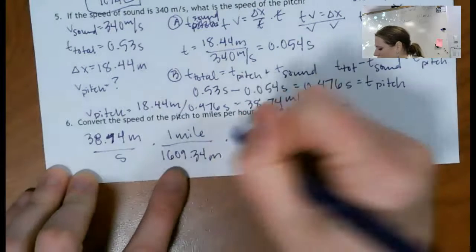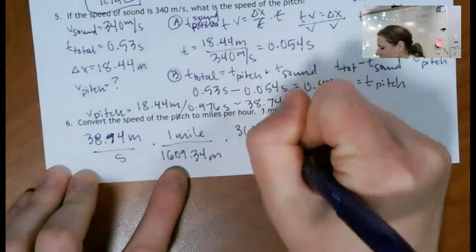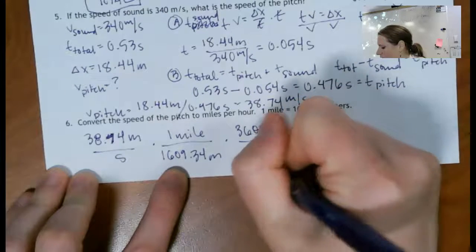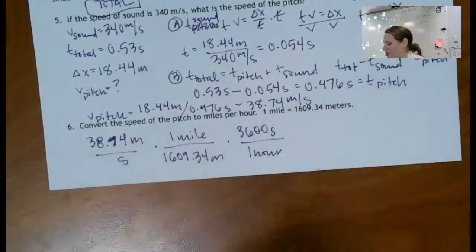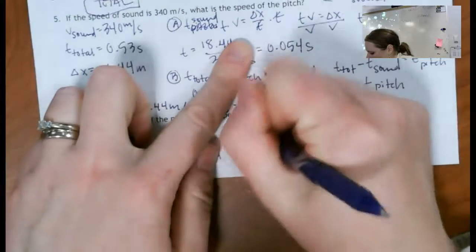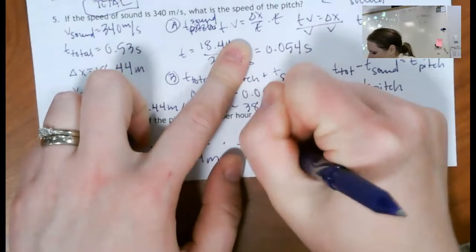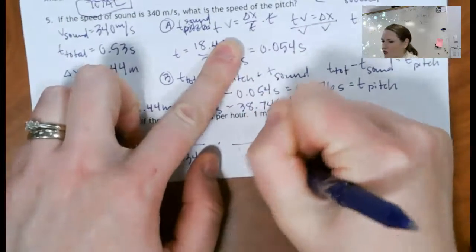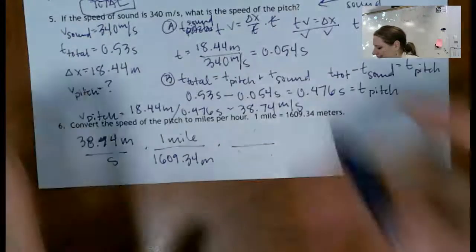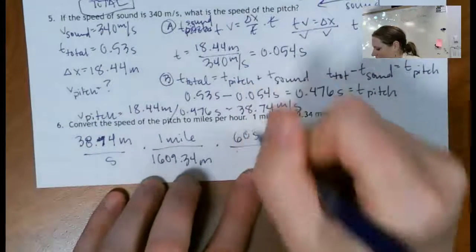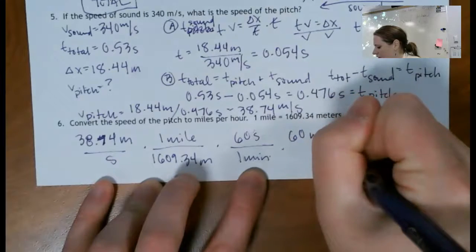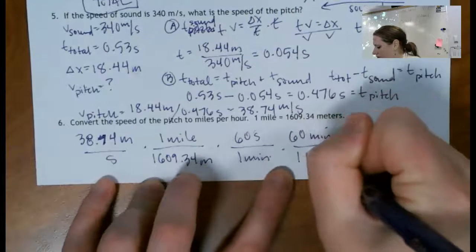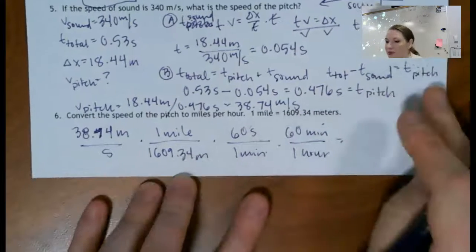Next, I've got seconds. There's 3,600 seconds in 1 hour. Or you can think about, I could break it out into all the components. Let's do all of it. There are 60 seconds in 1 minute. There are 60 minutes in 1 hour. So that's my entire math problem right there.